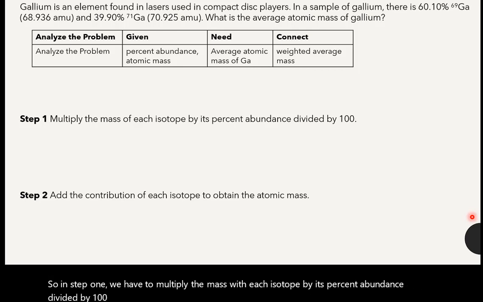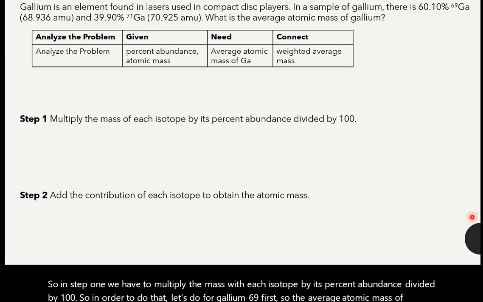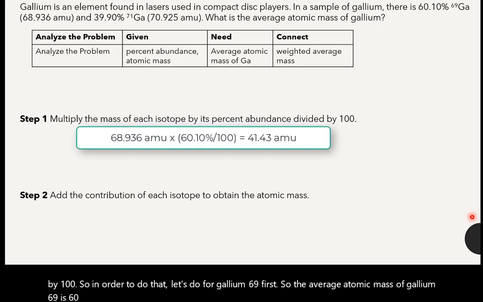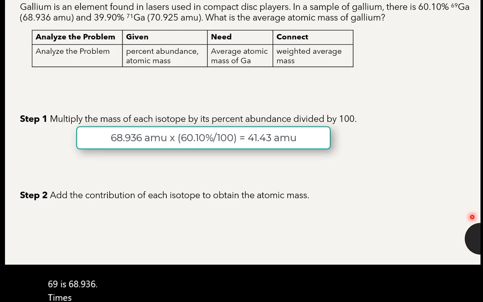In order to do that, let's do gallium-69 first. The contribution of gallium-69 is 68.936 times, open parentheses, 60.10 divided by 100, close parentheses, equals 41.43.